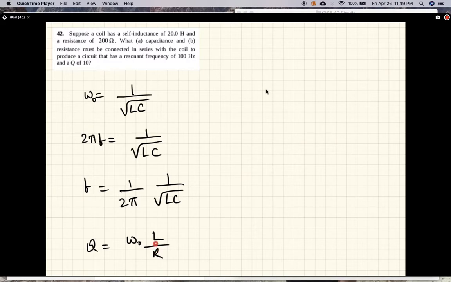Okay, so this would be the total resistance, and part of the resistance is in the inductor coil, so we'll come to that in a second.